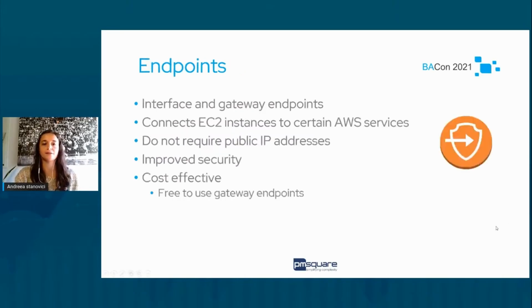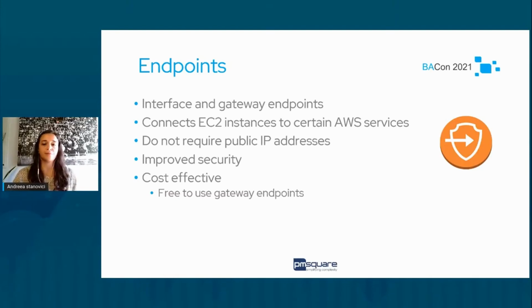The next thing are endpoints. So endpoints are virtual devices. They are horizontally scaled, redundant, and highly available VPC components. You have interface and gateway endpoints. They allow you to connect your EC2 instances to certain AWS services without requiring public IP addresses.